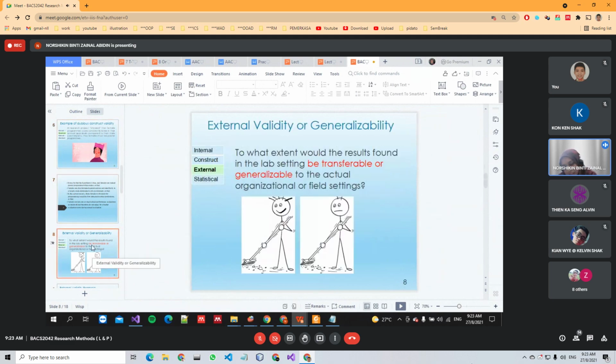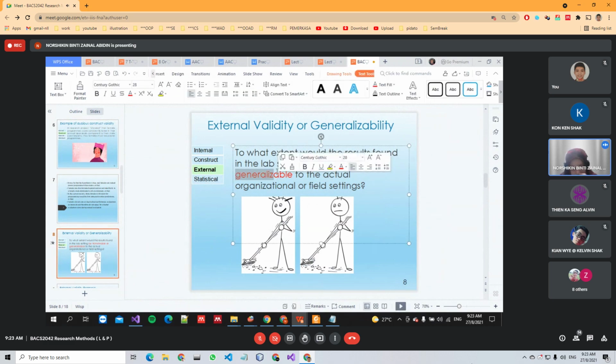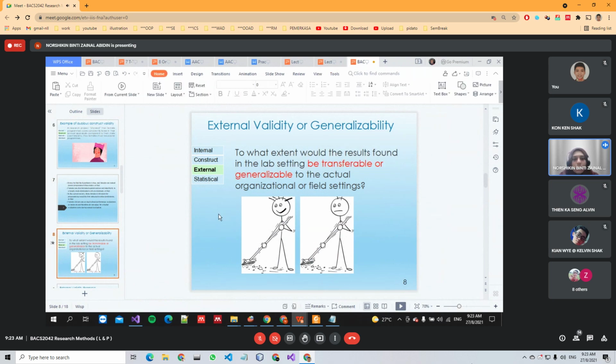Next is external validity. External validity is the extent to which we can generalize our findings to a different group of people. That means we change the subject into a different environment.